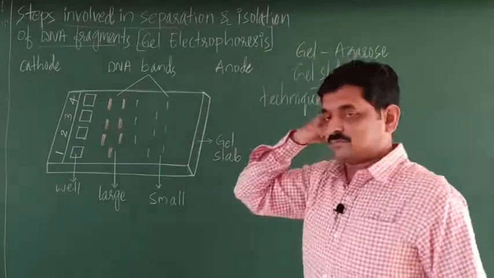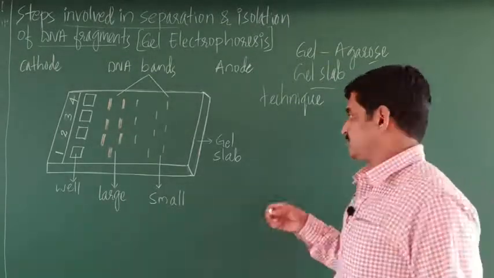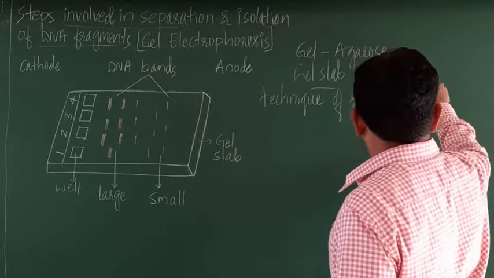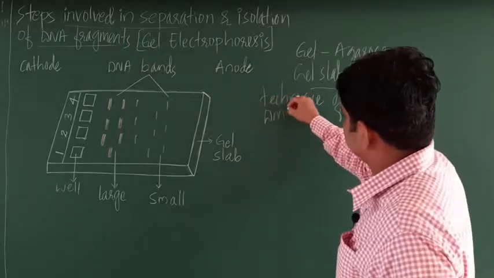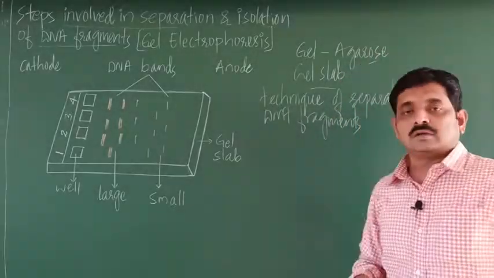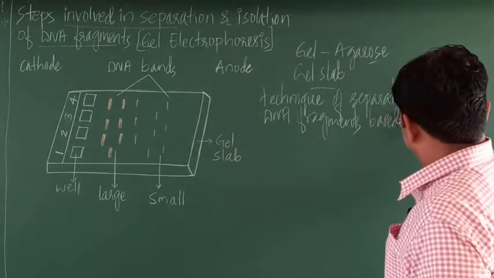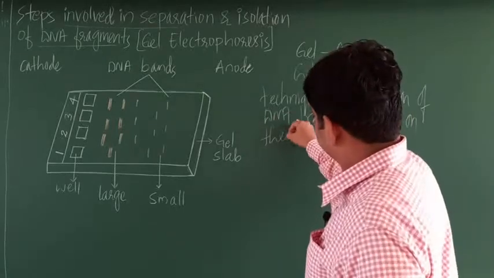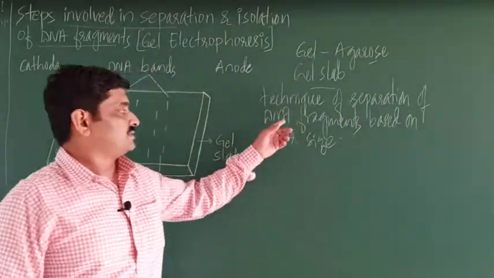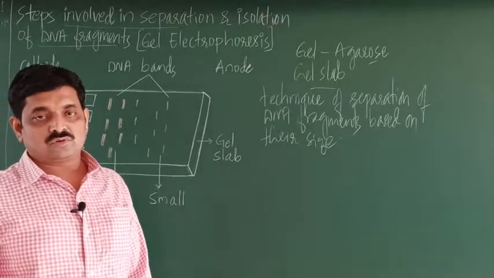Gel electrophoresis is a technique of separation of DNA fragments based on their size. So the technique of separation of DNA fragments based on their size, it is called gel electrophoresis.